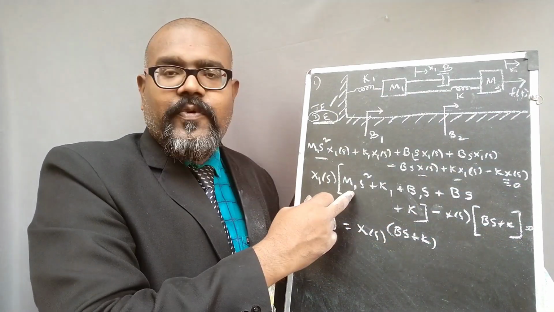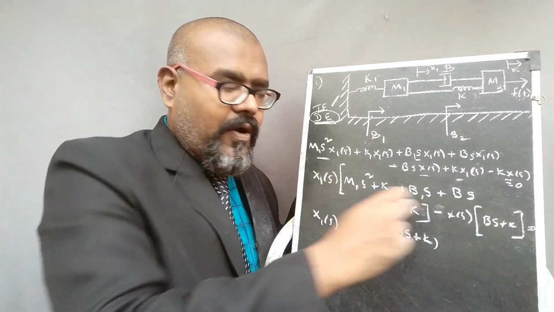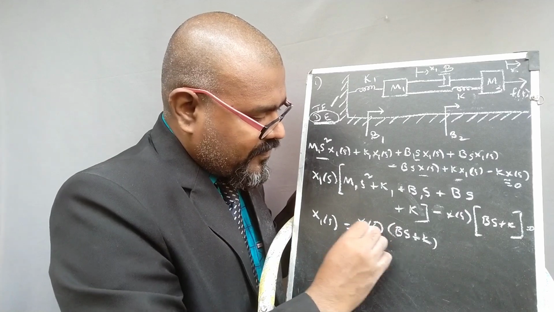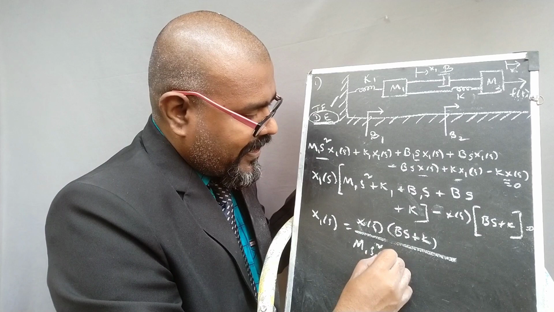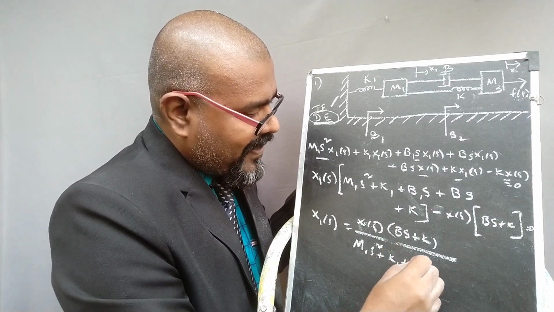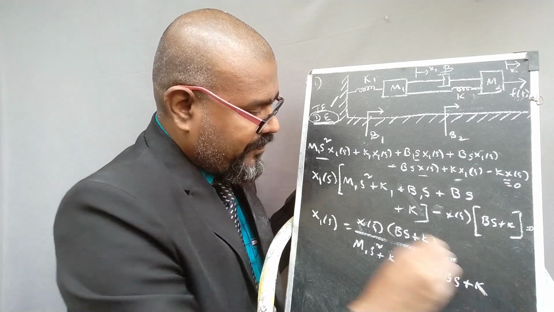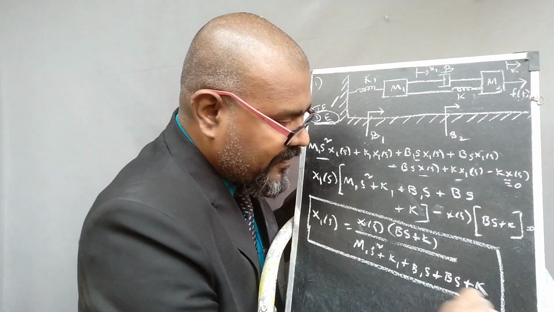You need to give this particular equation as the denominator of this equation. Then x of s divided by this equation, that is m1 s square plus k1 plus b1s plus bs plus k. So this is the equation we got.